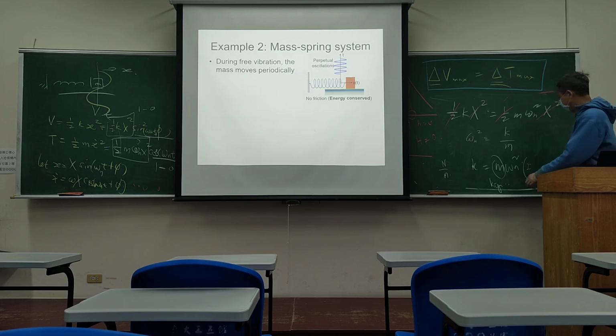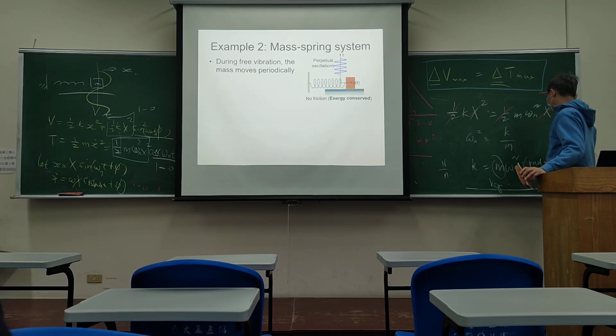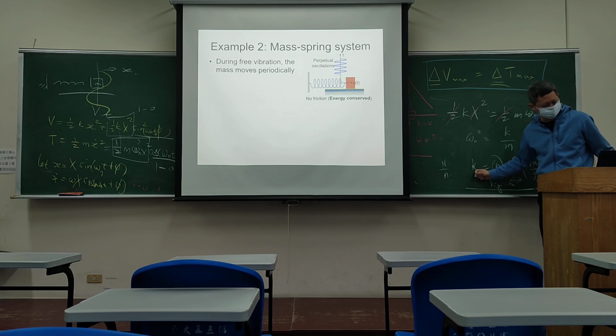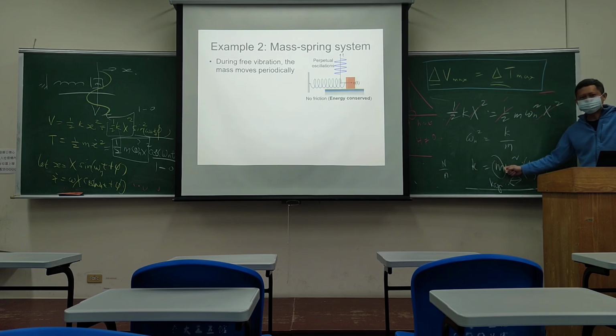Radian per second. And you square it. In that way, K can now be determined from the frequency.